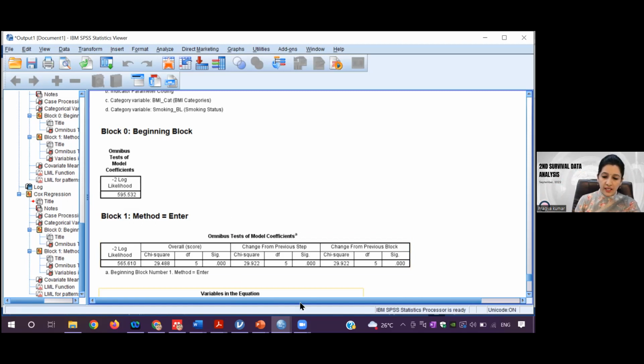But the R square, which you get in the logistic, doesn't come here. So this tells you what is the difference between the observed and expected survival, like we used to do for the probability in case of an odds ratio or the logistic regression.